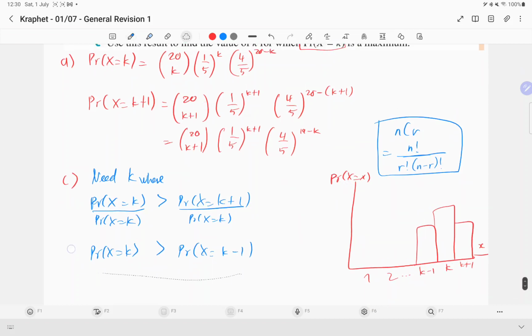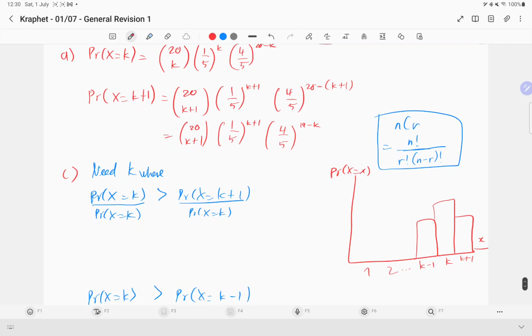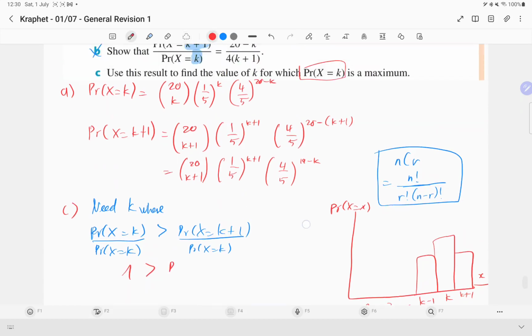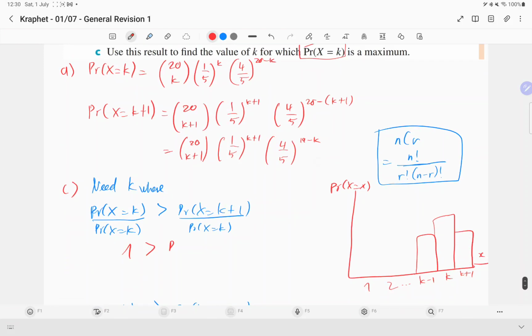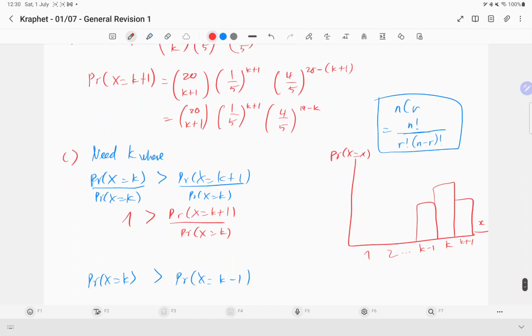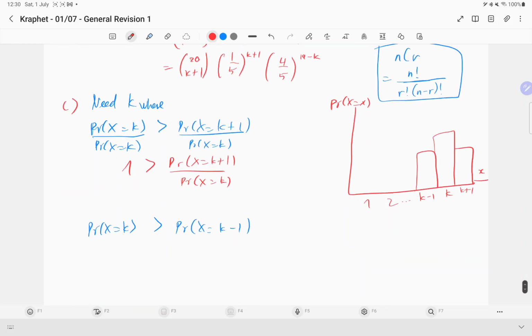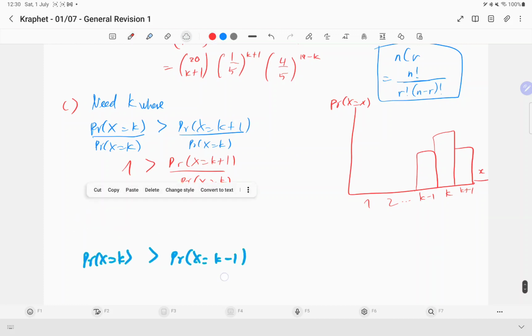Which means that 1 must be more than PR x equals K plus 1 over PR x equals K. Right? Which means this thing must be less than 1. Okay, you flip it around, you also flip around the symbol, so that will be less than 1.